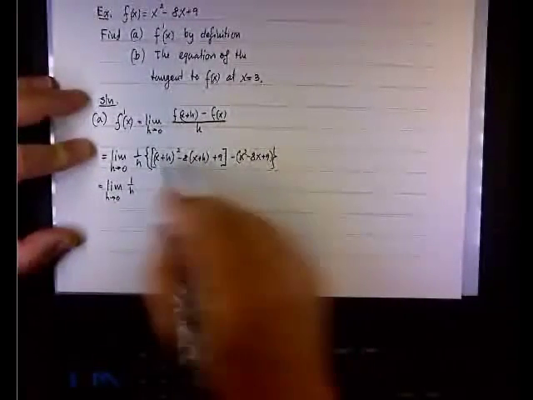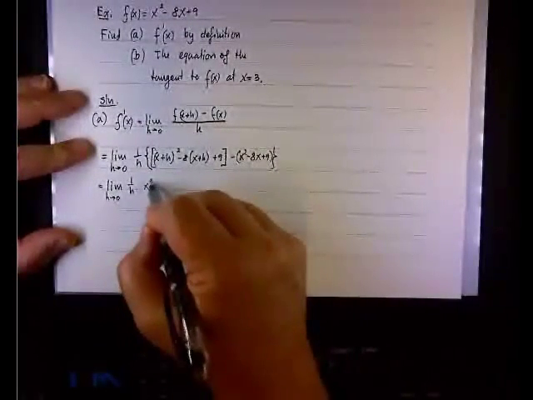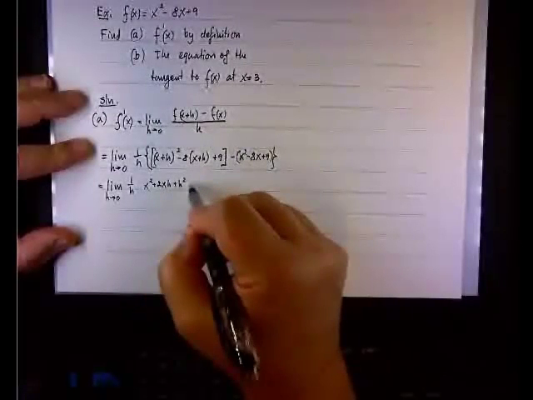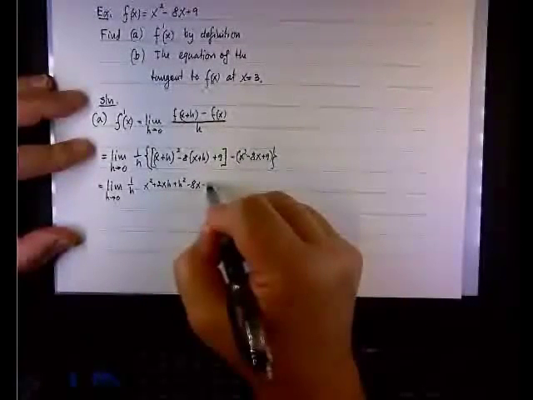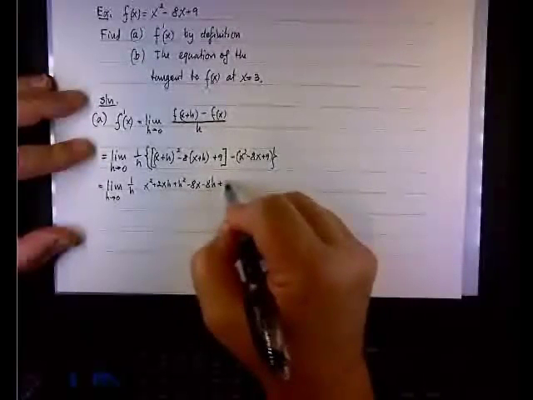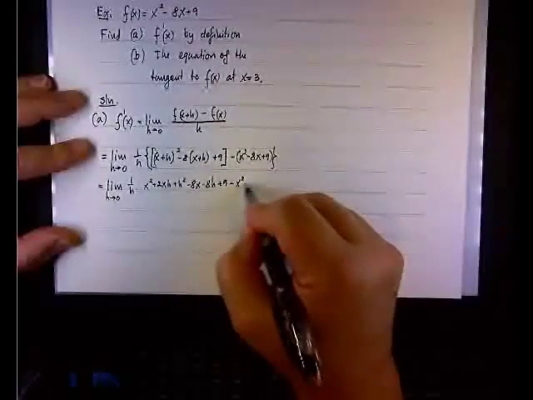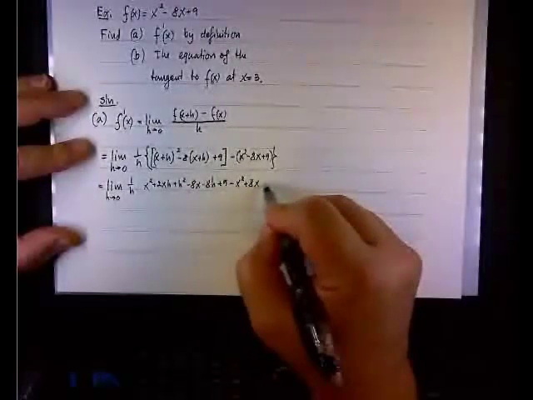And let's see, when we clear the parentheses here, you have x squared plus 2xh plus h squared minus 8x minus 8h plus 9, and then clear the parentheses here, get negative x squared plus 8x minus 9.